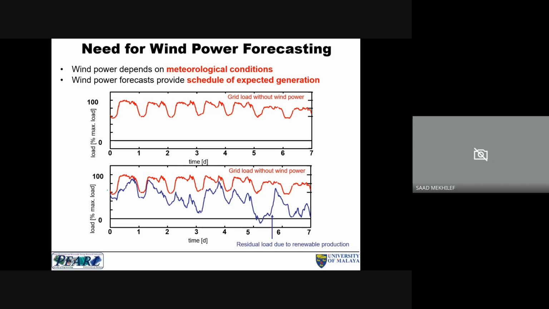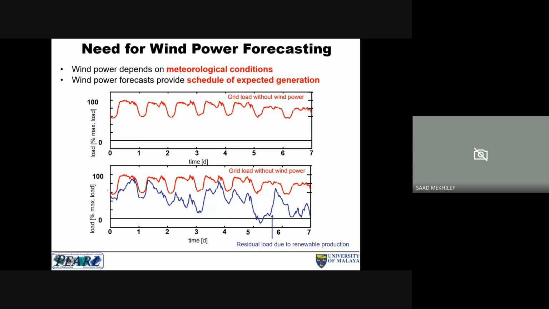You can see there is a high impact of the wind on the grid. So we need to find ways to address this issue, and one of them is wind power forecasting.